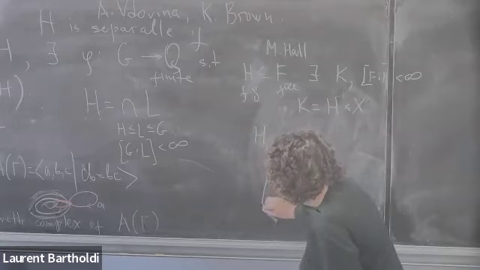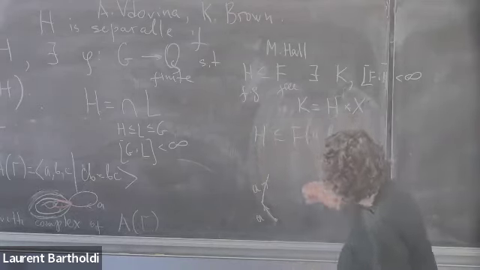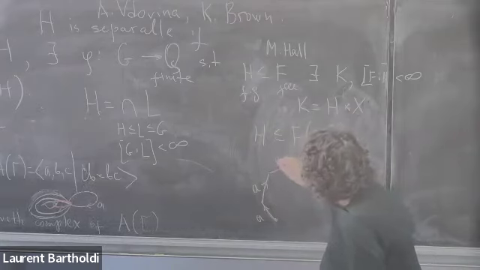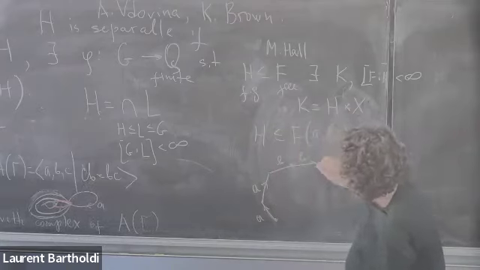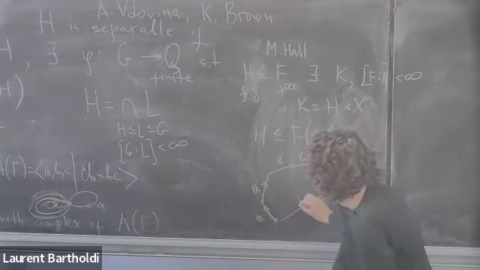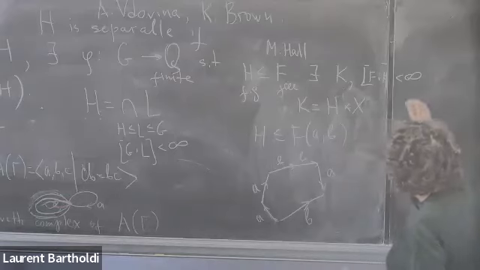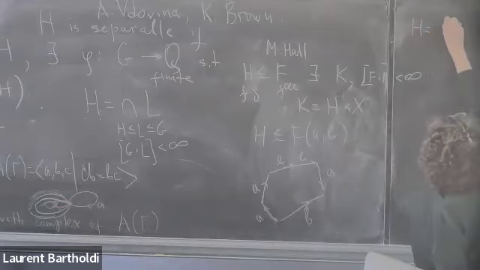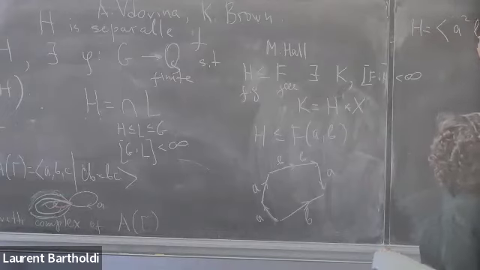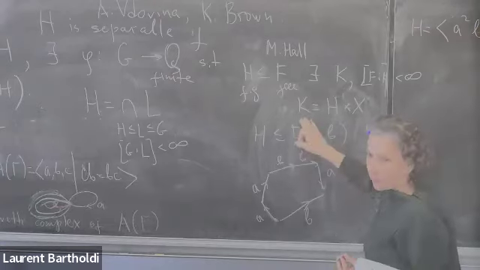So just take a cyclic group, and a free group of these two generators, let's say A and B. So this means that H is just a cyclic group generated by A squared B inverse. So how do we find this subgroup K?